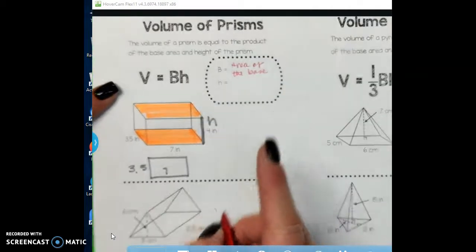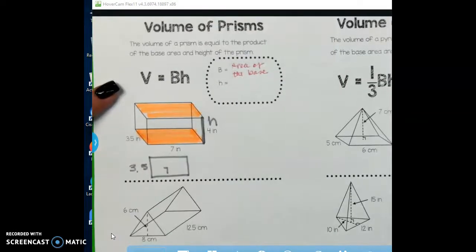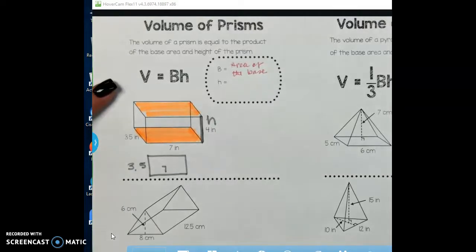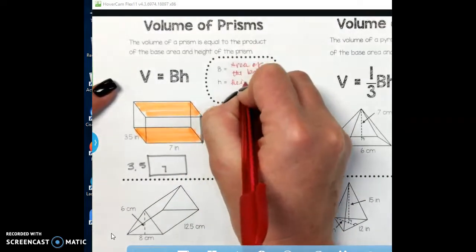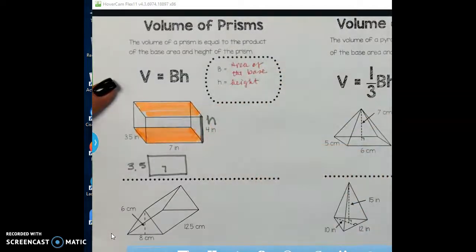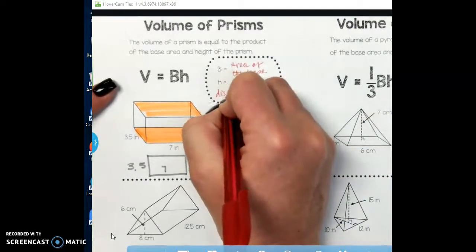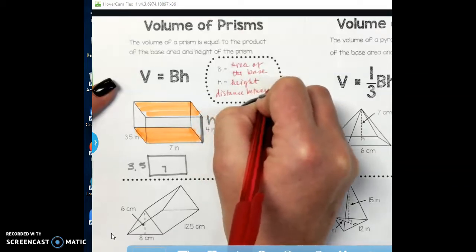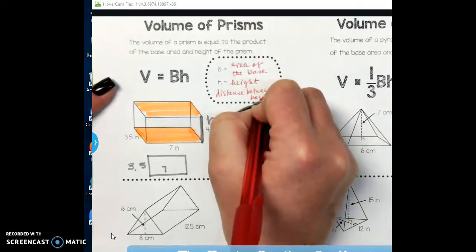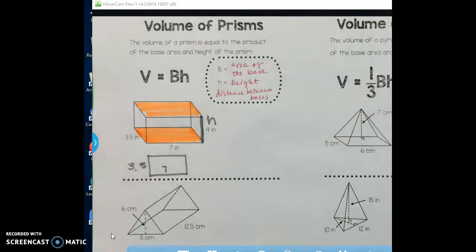I know sometimes you are asking, is it 2 or 1, both? One area of the base, and H is our height. And I do want to make sure to still write down in our notes: distance between bases. Please write this down so it really, once again, sticks with you guys.